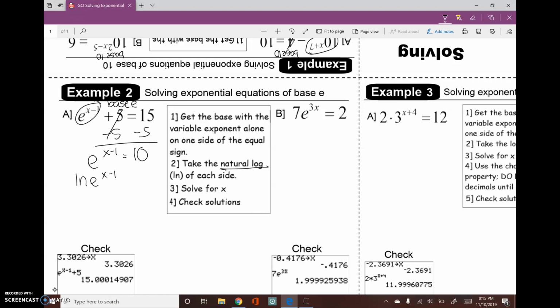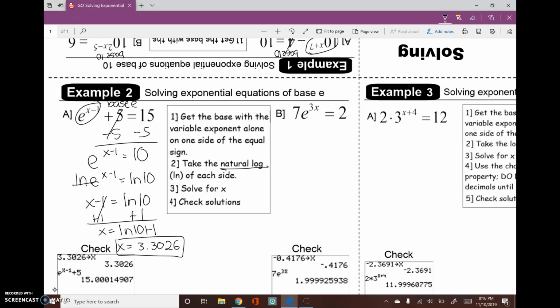So the natural log of both sides, those cancel. Then I just keep isolating for x, and that will give me 3.3026 as my answer.